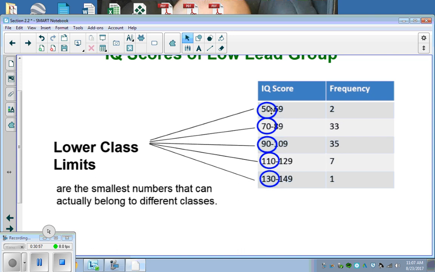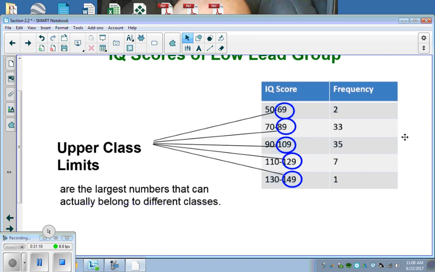So my lower class limits have the same change: 50, 70, 90, 110, 130. The same thing is going to happen on the upper class limit. Once I have that upper class limit, 69, I can just add 20 to each one. That's called the upper class limit. They should be the same for each interval.